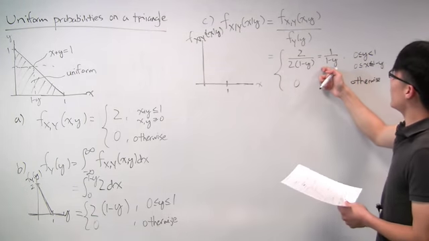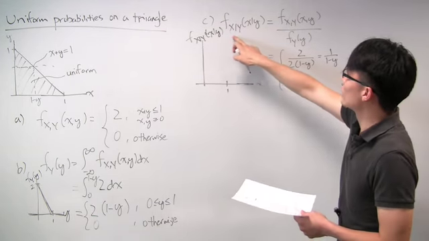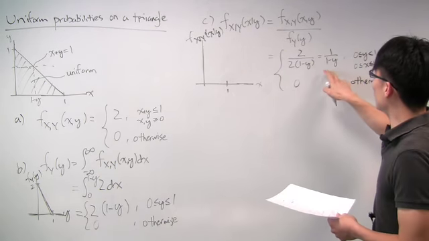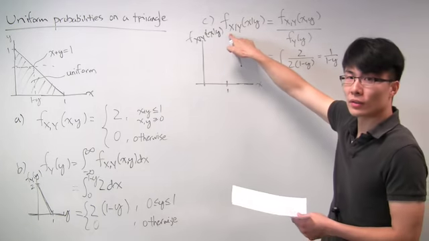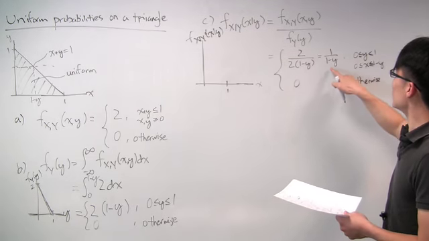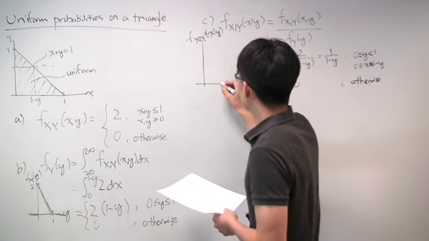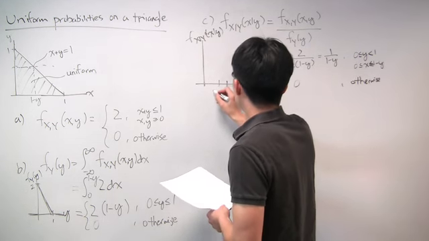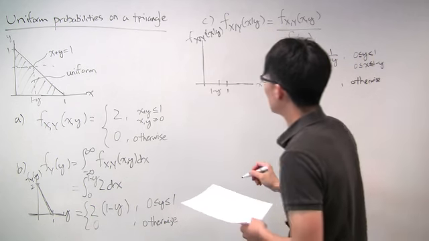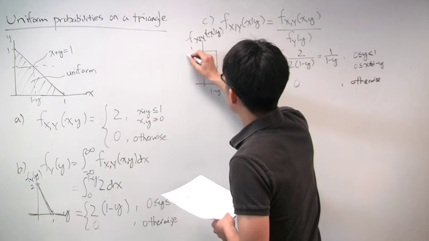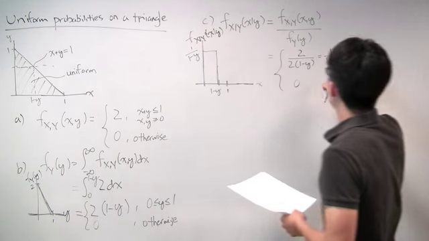Then the conditional PDF of x given y is this thing. But notice that this value, 1 over 1 minus y, does not depend on x, right? So in fact, it is uniform. So it's uniform between 0 and 1 minus y. And the height is 1 over 1 minus y.